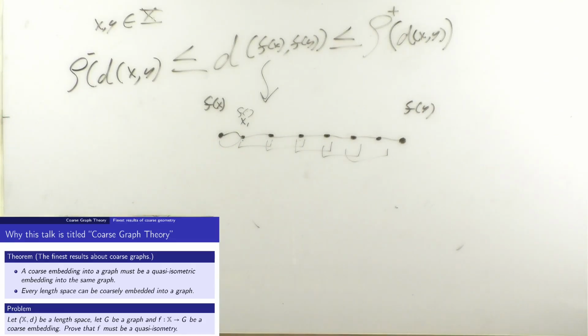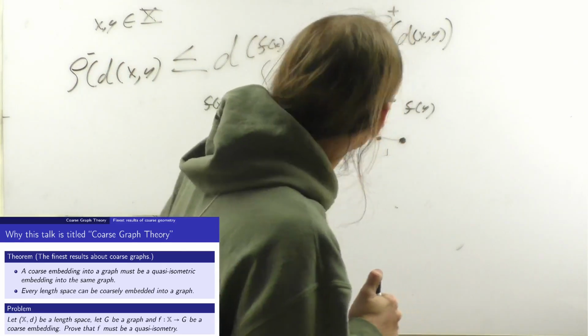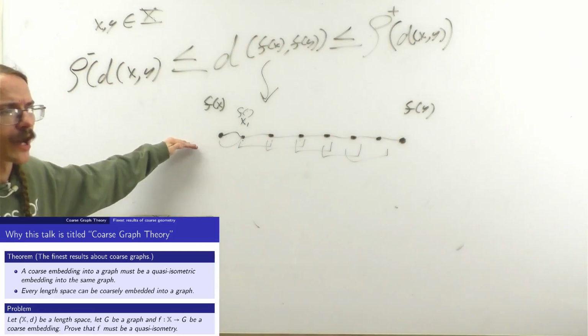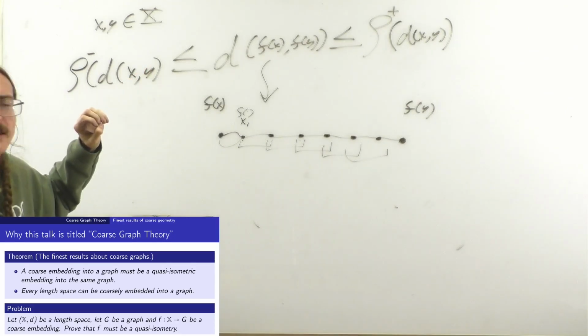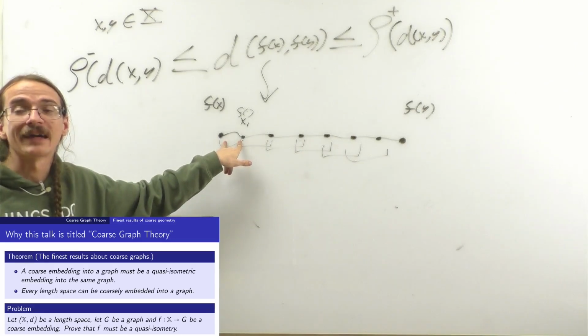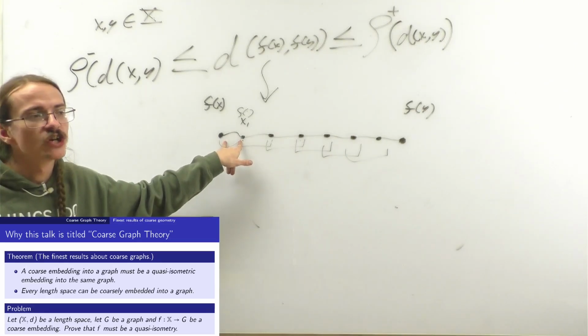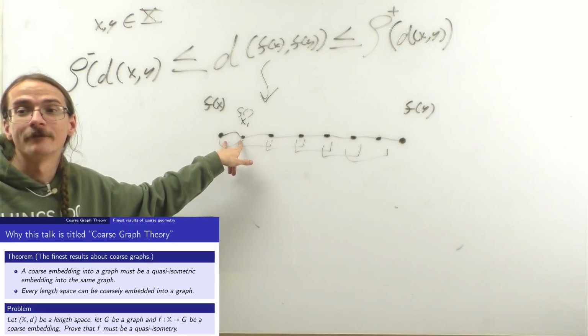So this is what I mean by I wanted to do this slightly differently. We should be going from a graph to a length space instead of the other way around, because I want the distance I'm starting with to be a path I can break apart into bite-sized chunks. So that's what I'm going to do, because I'm not going to figure out how to do it the other way right now.